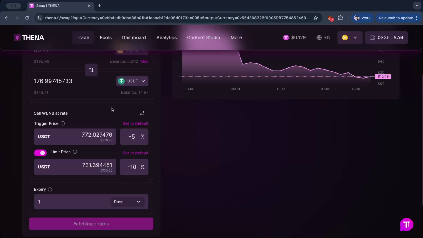I assume a lot of people are a bit confused: why is there a limit if it's a stop loss? That's because of the nature of a decentralized exchange. You have instances where you have slippage and the price is moving very fast, where let's say you put your trigger price at a 5% drawdown, but it actually gets executed at a 10% drawdown because you have slippage to factor in. The price moved too quickly.